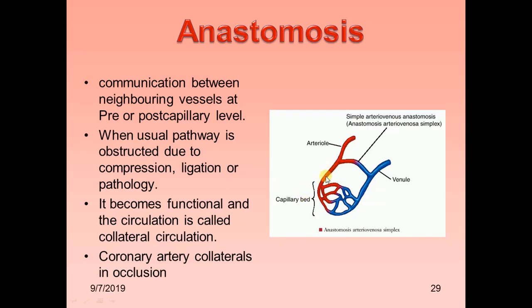That is what is called a coronary bypass or bypass surgery. So collateral circulation is when these anastomotic channels become operative. That is when it becomes functional, and the most commonly given example is the coronary collaterals, when the occlusion takes place in the coronary arteries. So an anastomosis is a communication between two vessels.